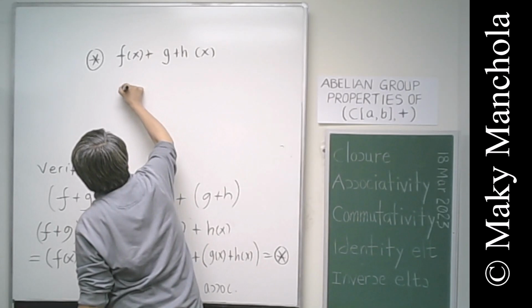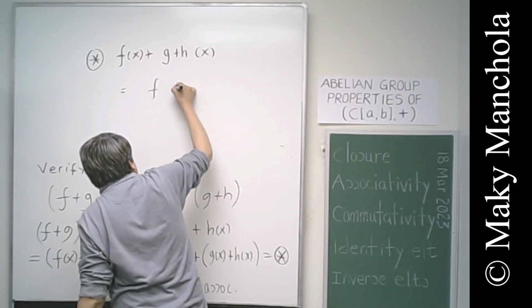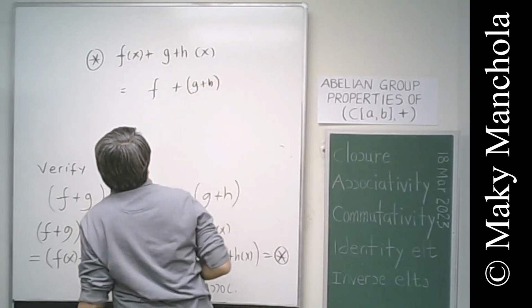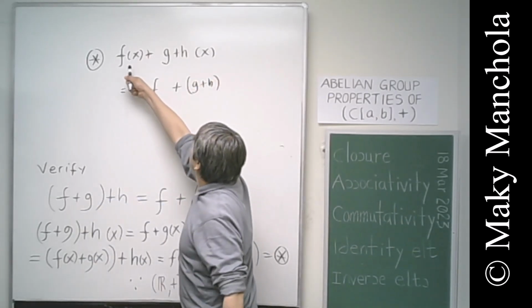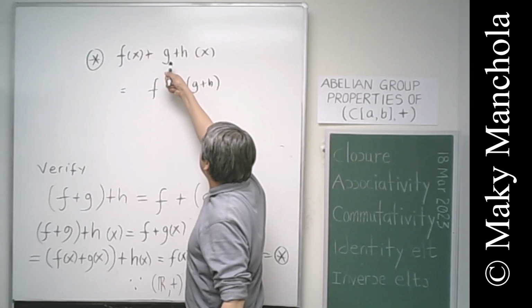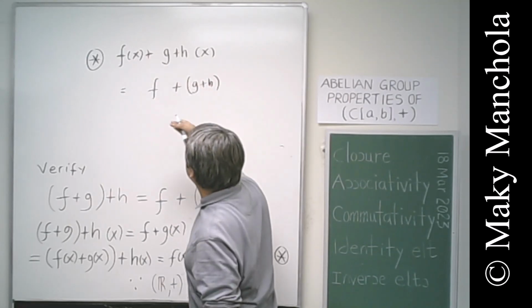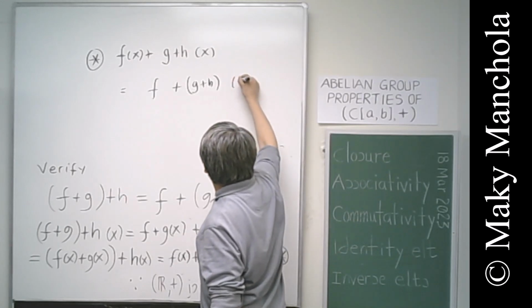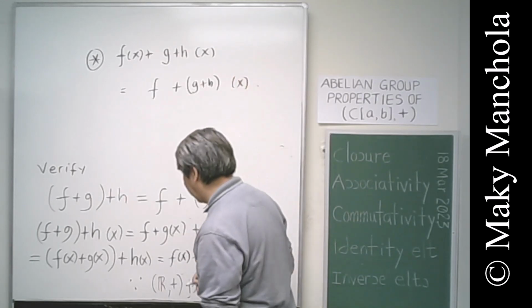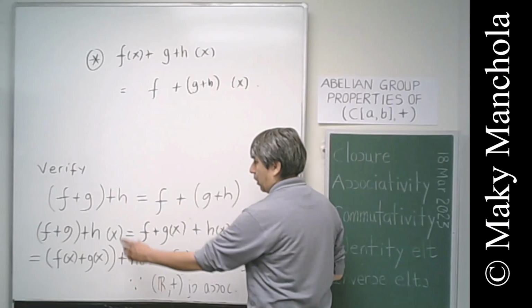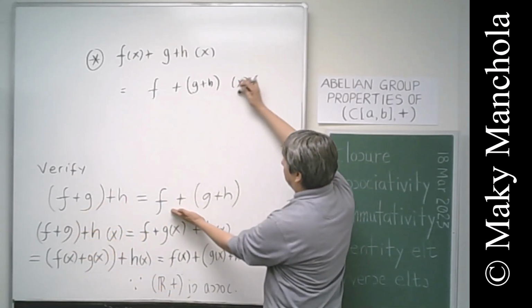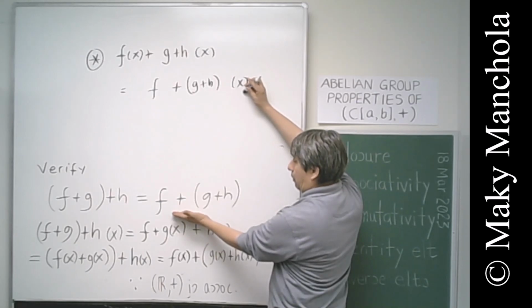When you add them, when you have f of x plus g plus h of x, that is the same as f plus g plus h evaluated at x. And our goal has been reached. We started with the meaning of the left-hand side, and we ended up with the meaning of the right-hand side.